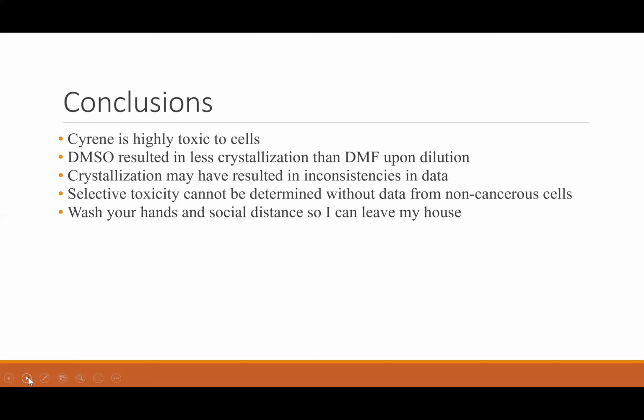Selective toxicity can't be determined without data from non-cancer cells. So because all the data from my project is from cancer cells, I can't say these compounds kill more cancer cells than non-cancer cells. Also, wash your hands and social distance because I want to leave my house.